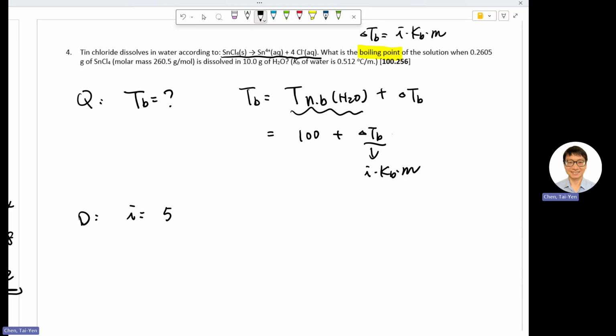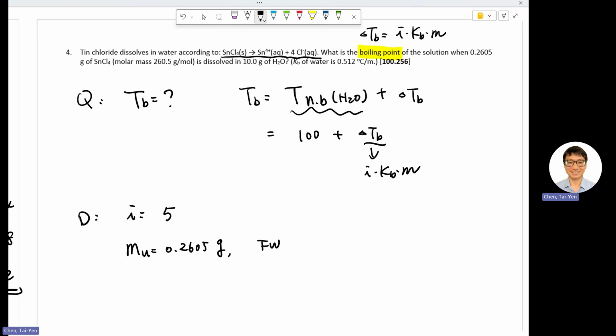So i equals 5. And then your solute: the mass of your solute equals 0.2605 gram.